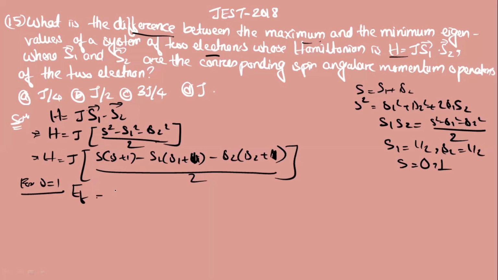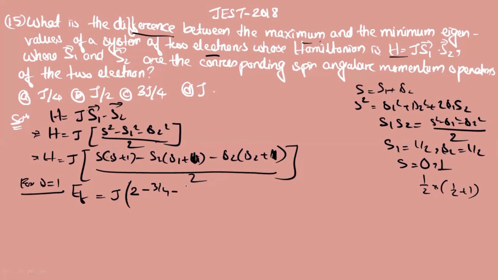So if you calculate E for S equal to 1: S is 1, so 1 into (1 plus 1) is 2. Minus, S1 is 1 by 2, so 1 by 2 into (1 by 2 plus 1) becomes 3 by 4.